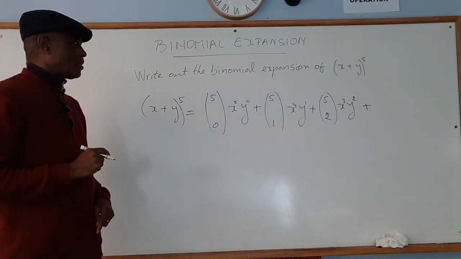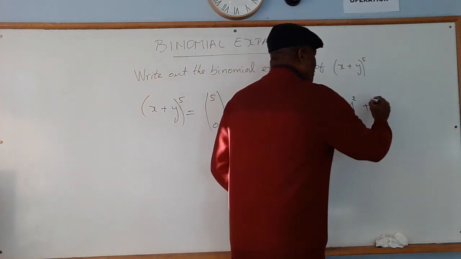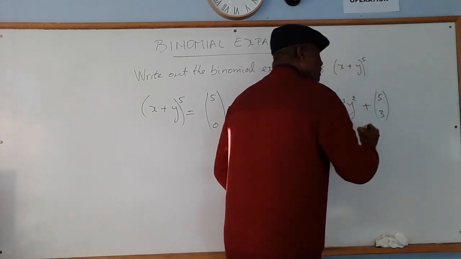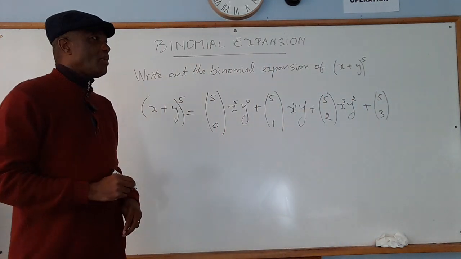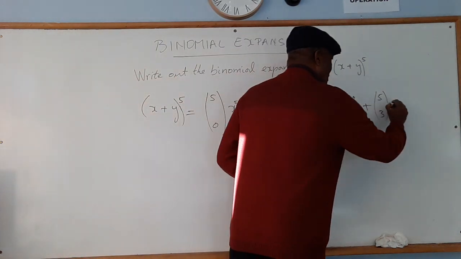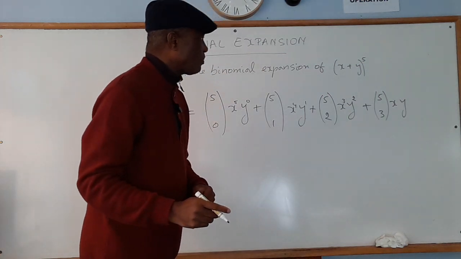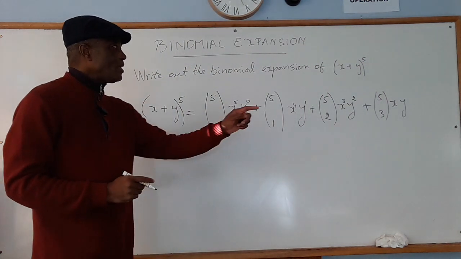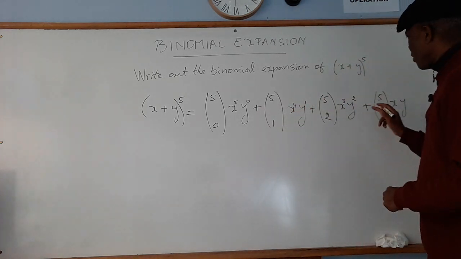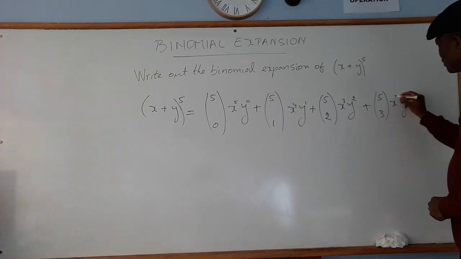The fourth term that you're going to put. I put 5C3 multiplied by the product xy. What will be the power of x? The power of x will be 5 take away 3, which is 2.